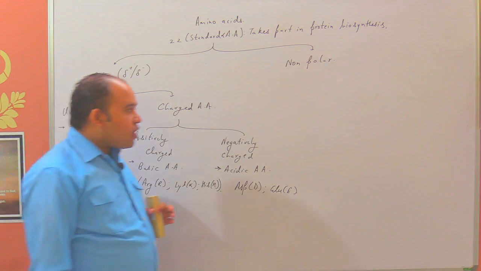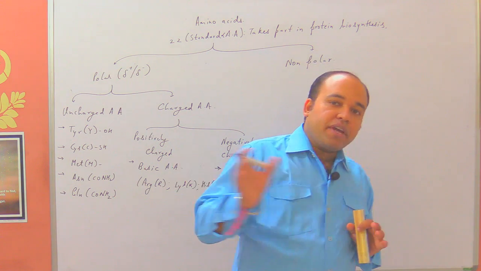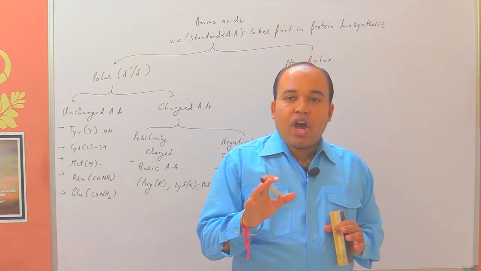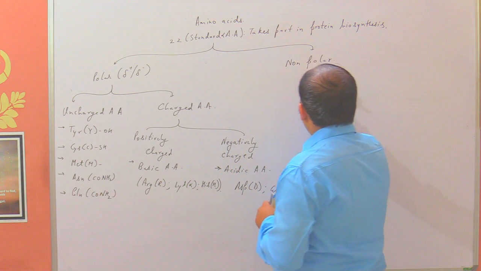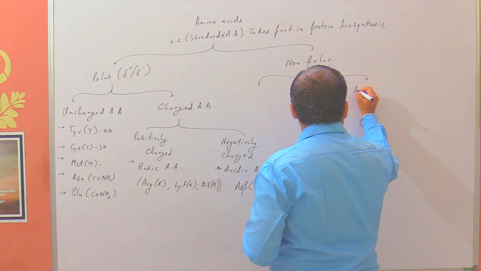Now the non-polar amino acids can still be categorized into two different types: the aromatic and the aliphatic non-polar amino acids.